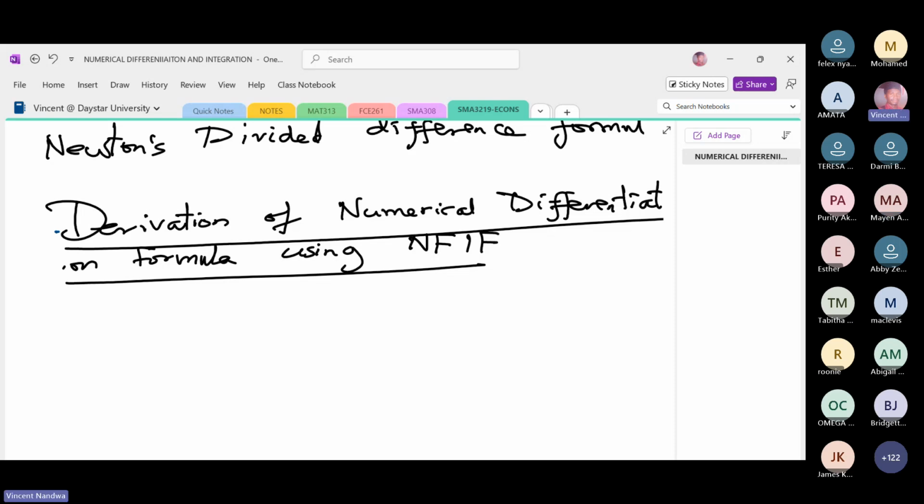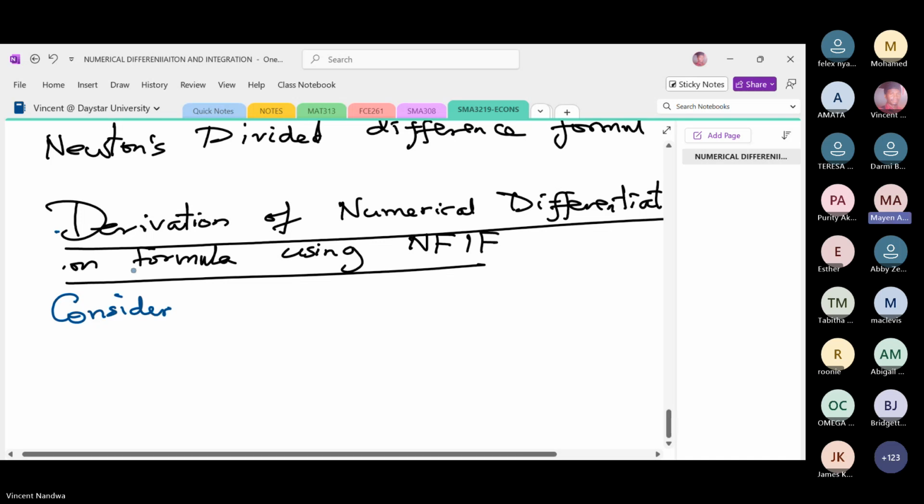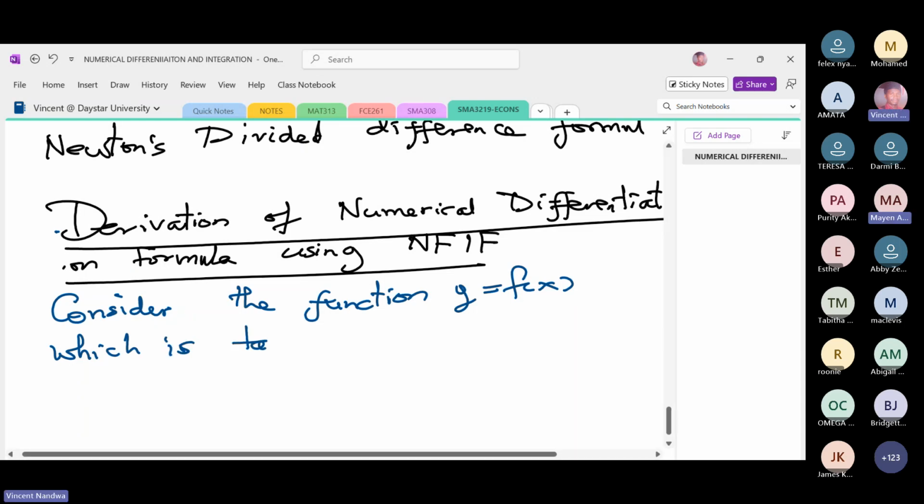So consider the function y equals f of x, which is tabulated for equally spaced mesh points.